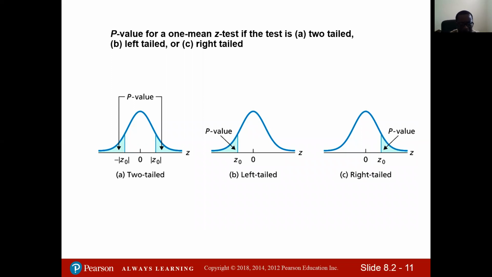Okay, so these are the various types of tests that we may have: the two-tailed test, the left-tailed test, and the right-tailed test.